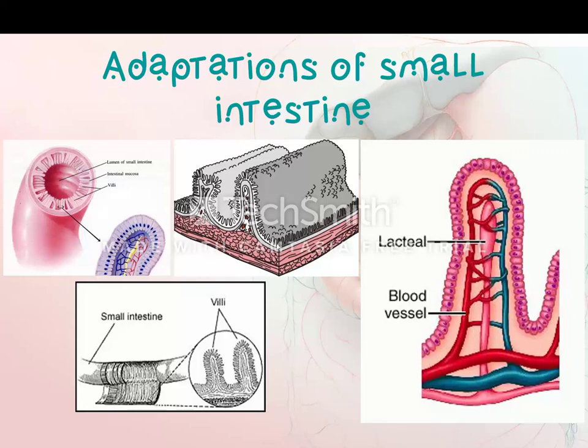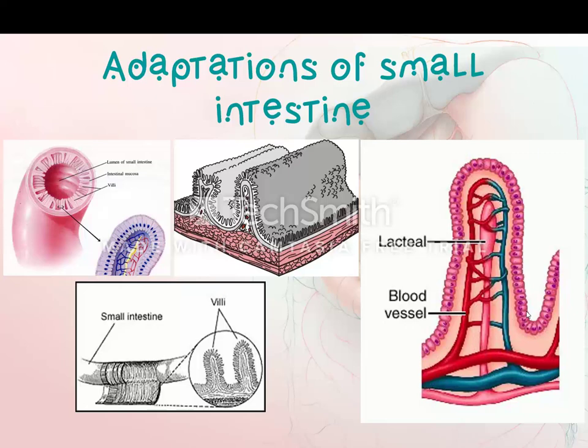Okay. And if I look at just one of these little structures, here is one villus. We are going to talk about how villi are adapted for digestion. Later on, in my next video, we're going to do the small intestine again and talk about how it is adapted for absorption.